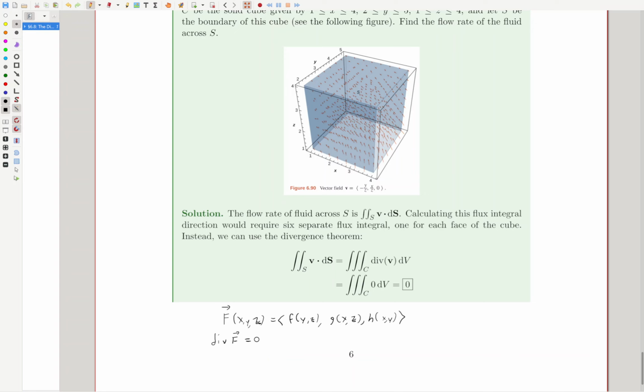I wouldn't say that's a very common thing to happen, but it is something you can look out for: sometimes taking the divergence of the vector field drastically simplifies it, and so is worth the trade-off of introducing an extra integral. That's the whole point of all of these theorems that we have. We're doing trade-offs between what's more difficult.